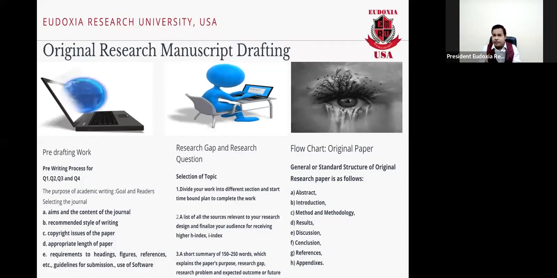And what is the benefit of the journal? To capture more and more readers. We have to understand that.